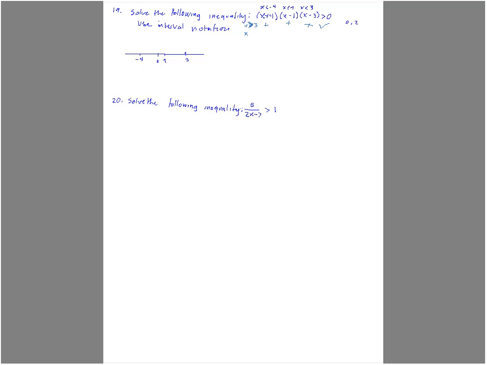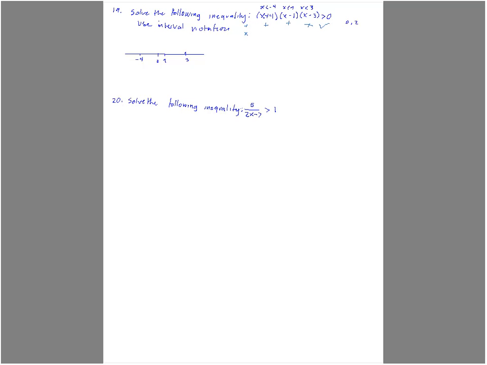When x is greater than -1 but less than 3, then the x minus 3 will be negative, right? And why do I keep writing -1? Let me go ahead and clean this up a little bit.